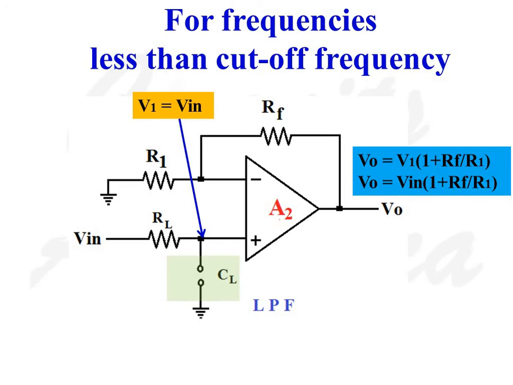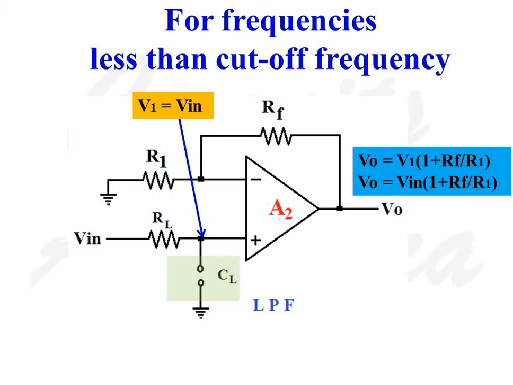So this is the condition of this active low-pass filter for frequencies less than cutoff frequency. For frequencies less than cutoff frequency, capacitor CL acts as an open circuit as capacitive reactance is very high.